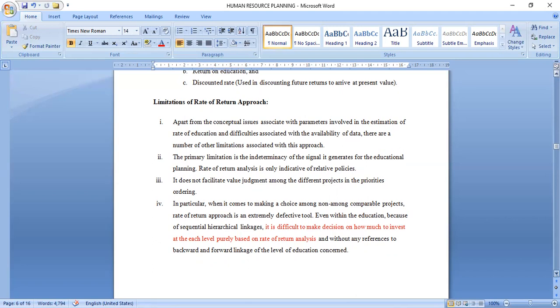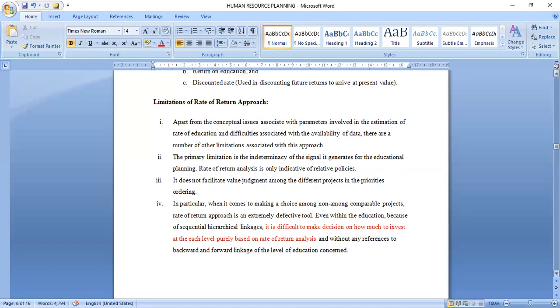So what are the limitations of the rate of return approach? Remember, we are looking at education planning, but under human resource planning. These are the approaches of education planning.